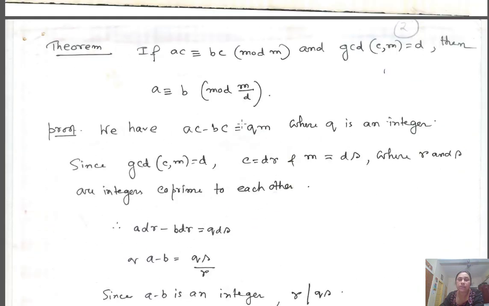Then by this theorem, a is congruent to b modulo m over c. It means that throughout this equation, I divide this by c, and also this by c. We have already used this while finding the solution of linear congruence modulo an integer. We have already used this result.